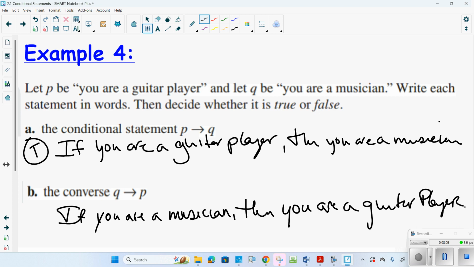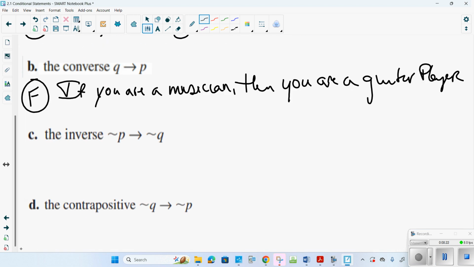That's not necessarily true, right? I could be a musician. I can play the piano. I can play drums. I can play the clarinet. I can play another instrument. So that is false, and I'd still be a musician. Sorry, and I'll scroll down. Inverse now. I'm going to take the original P and Q and do a not.